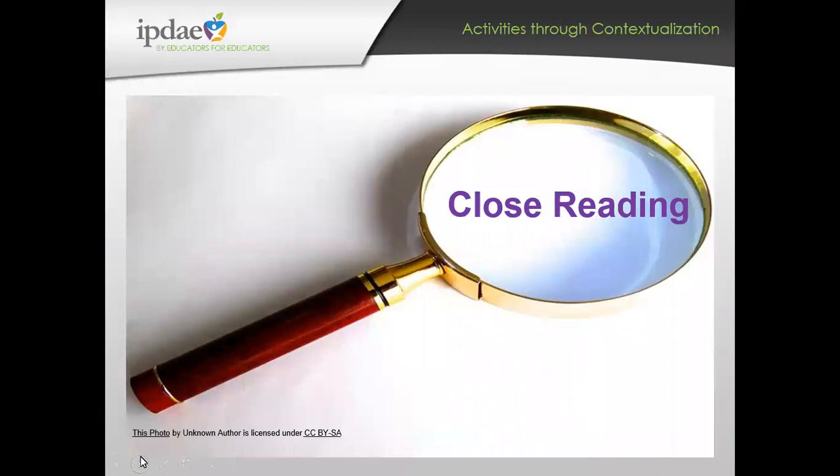So within the next few slides, I'm going to share general activities you can contextualize for almost any industry, okay? So the first one we're going to look at is close reading, okay? You find an article or reading passage on the occupation. The last one I did was entrepreneurship using human relations skills.